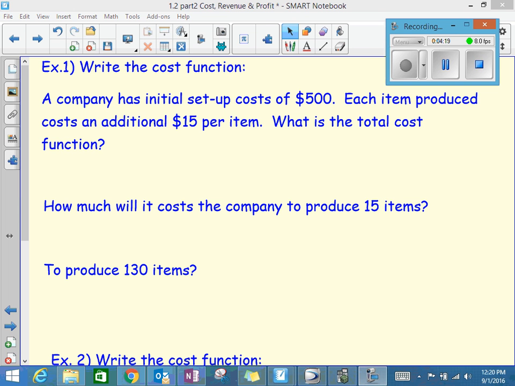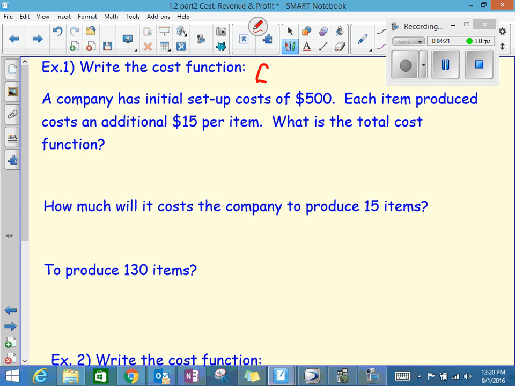Okay, so this is about the most basic type of problem. Again, we are looking to build an mx plus b equation, calling it cost. A company has an initial setup cost of $500. So initial setup is what type of cost? Fixed or marginal? Fixed, right? And it belongs where in the equation?